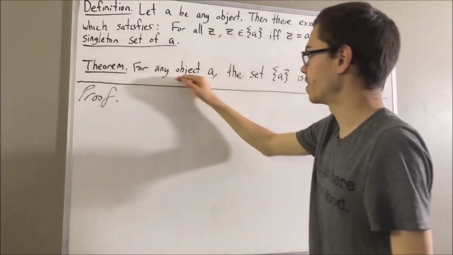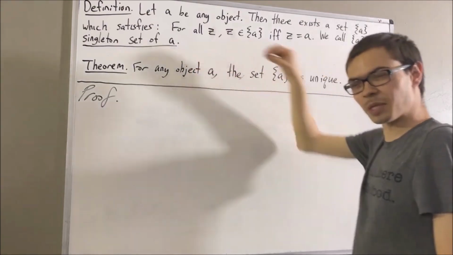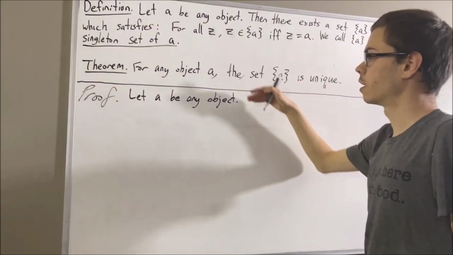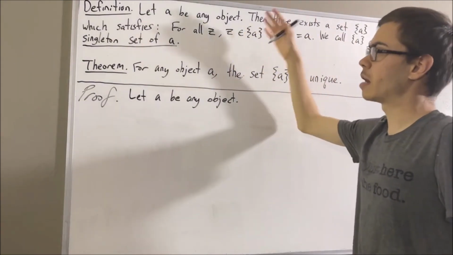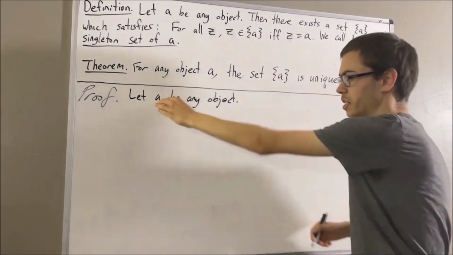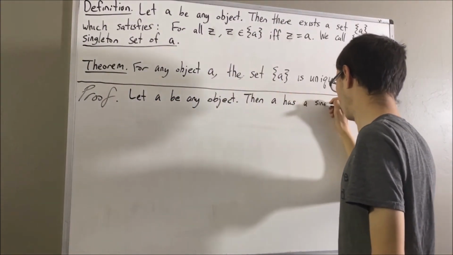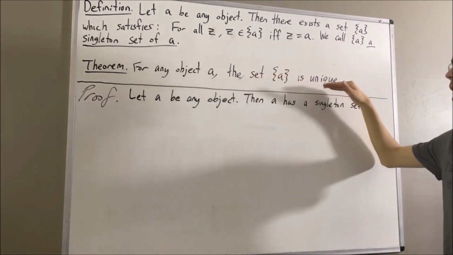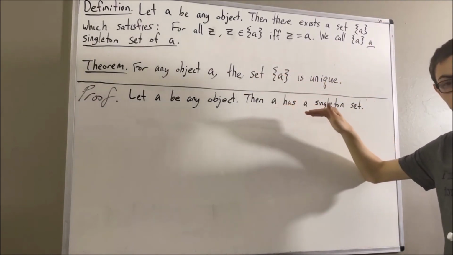And since we're trying to prove a statement about every object, give me an arbitrary object. I'll call it A. Now, from our definition, every object has a singleton set. So our object A has a singleton set. But remember, our goal is to show that A has only one singleton set.